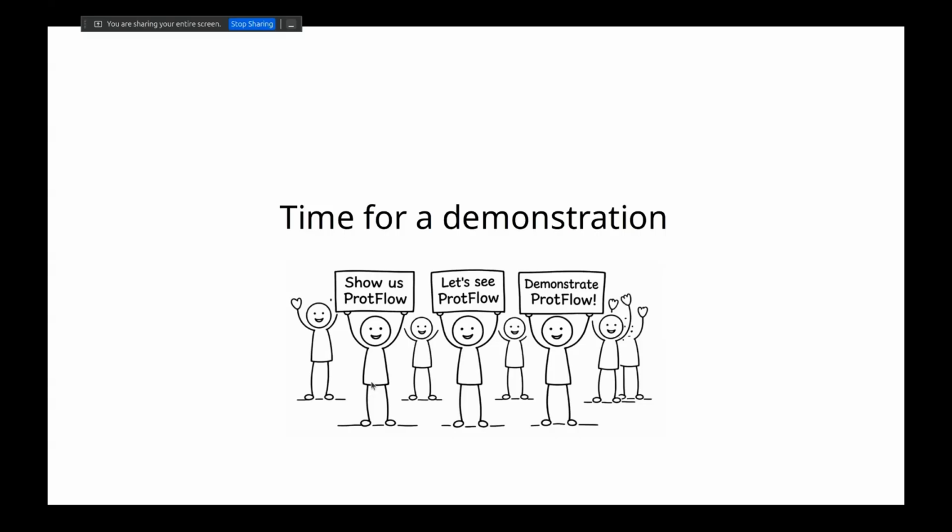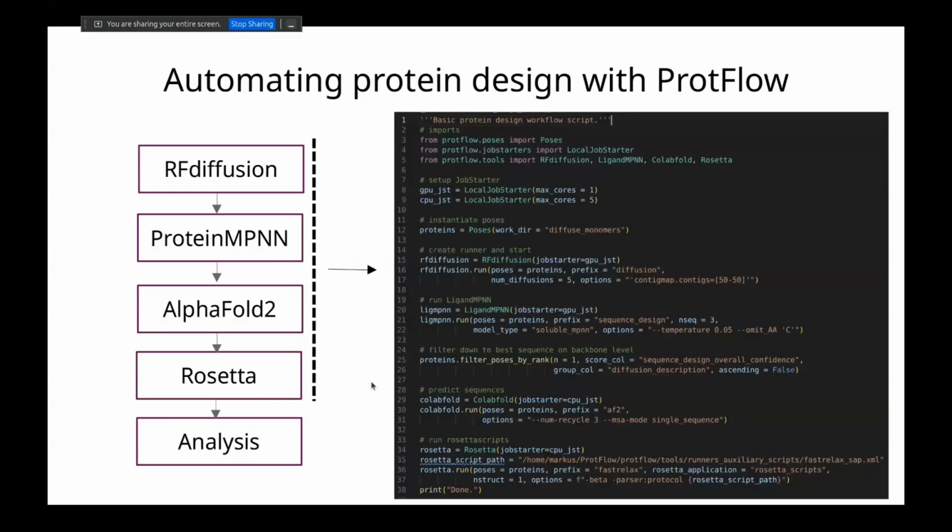As a little bit of a summary of the tool chain that I showed in the beginning, everything is executed in this script except for the analysis. And an important concept for ProtFlow is that you can switch up the runners in here. You can switch up the order. You basically have full control that is given to you by running this in Python.